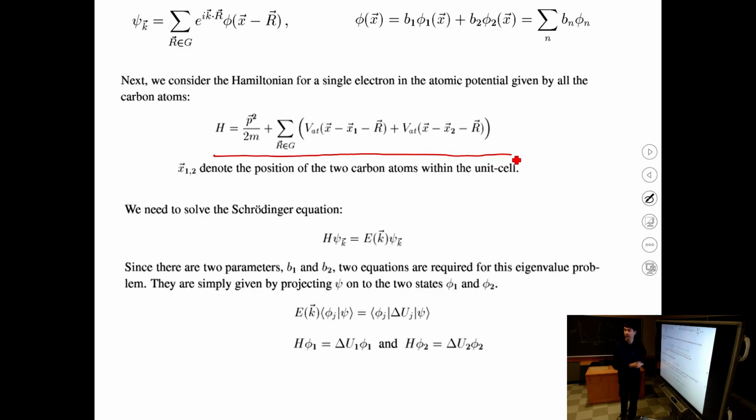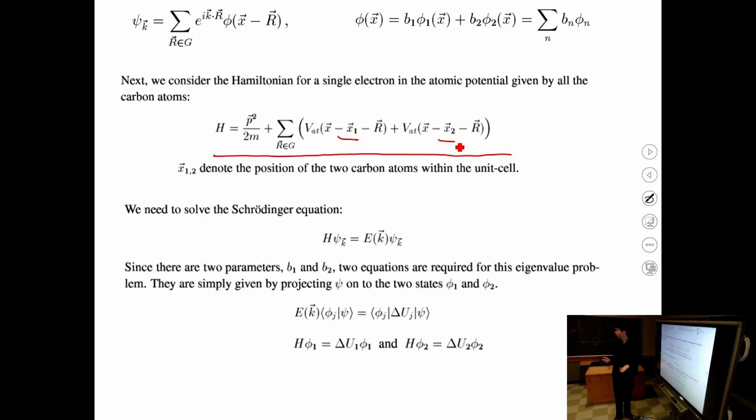So it has the free particle component and this potential which confines the electron either to an atom at position x1, that will be atom A, or atom at the position x2, that will be atom B. And this potential repeats itself with the periodicity of the lattice, which is given by these vectors R. And of course, this potential has some kind of an extreme point at x equal to x1 or x equal to x2 for that other term.